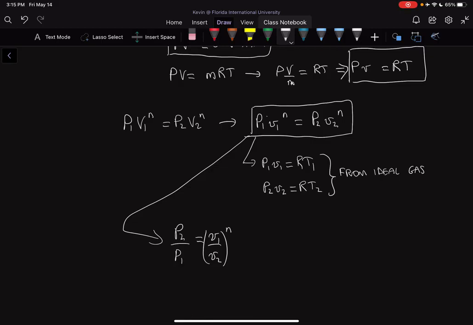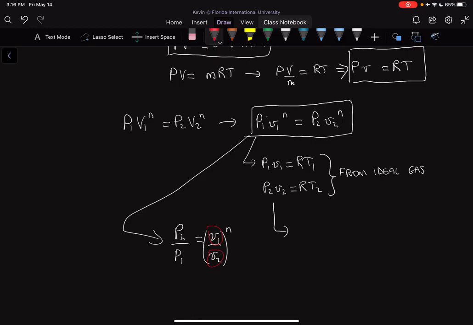Now, from our ideal gas law, we can rearrange to substitute for this and this. We do not have V1 and V2, so we can't use this equation to solve anything.